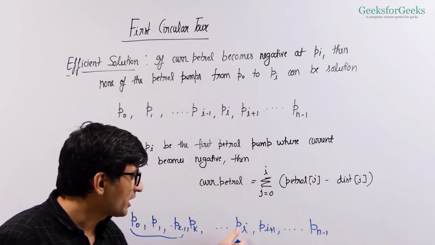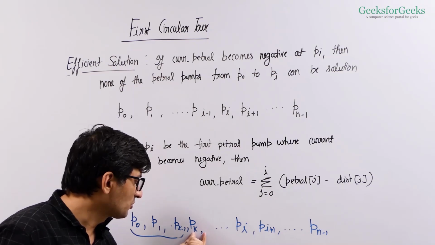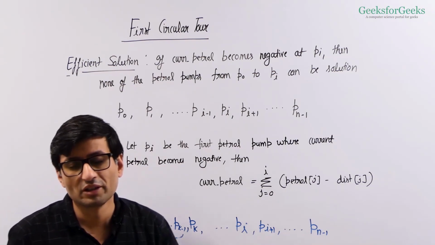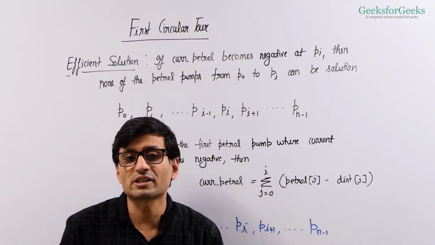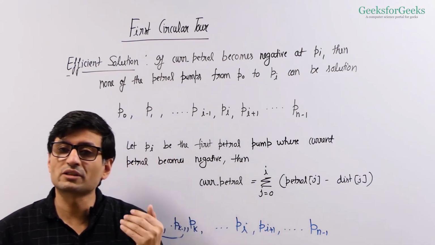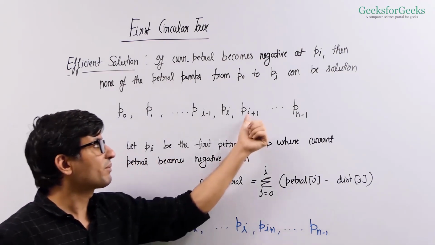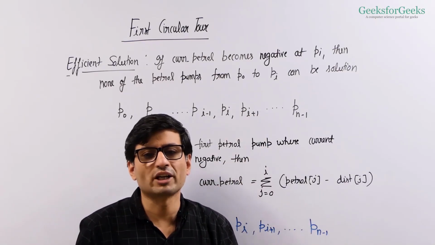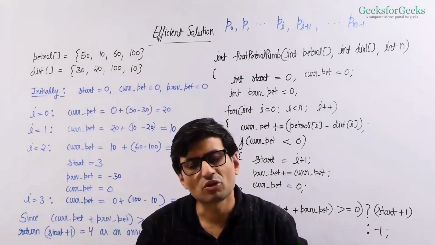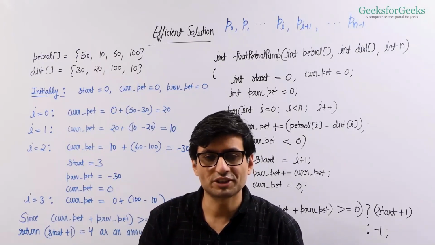So Pi must be negative if you choose Pk as a starting point. So none of the points before Pi can be a starting point. We can always safely pick i plus 1 as the next start point whenever we see a negative value of current petrol. Let us now talk about implementation of the efficient approach.